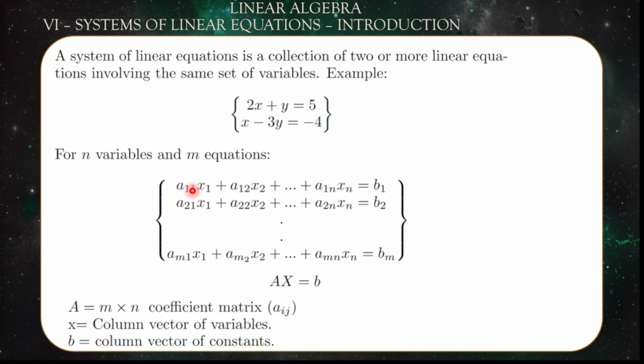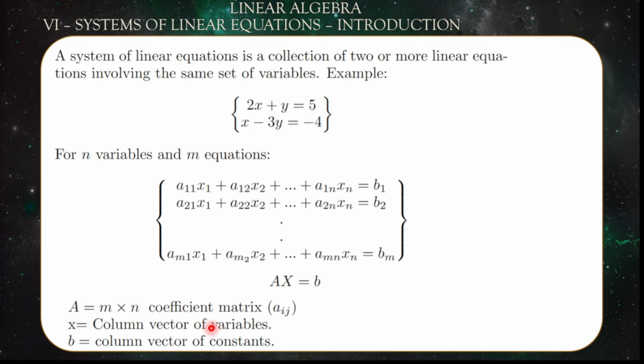So A11 is the element in this matrix at the first row, first column, then first row, second column, first row, third column, etc. Then second row, first column. You start noticing the pattern. So A is the m by n coefficient matrix having m lines and n columns.